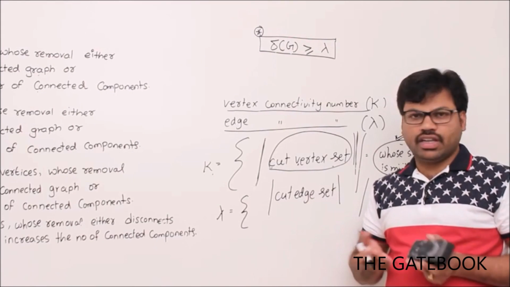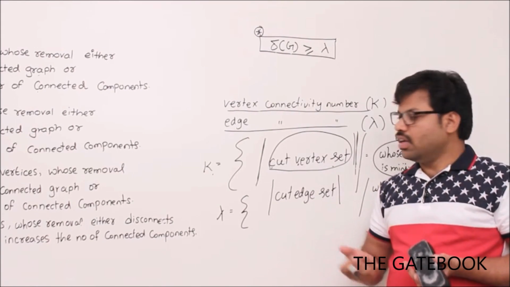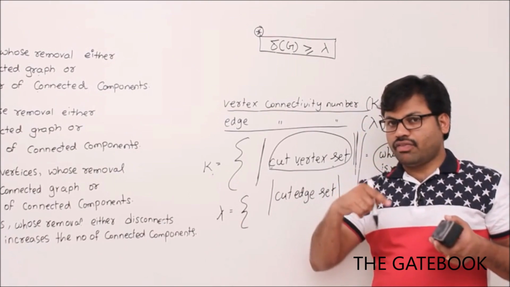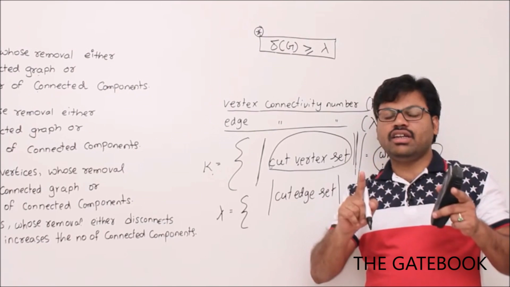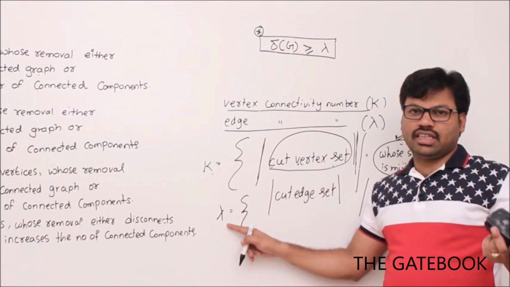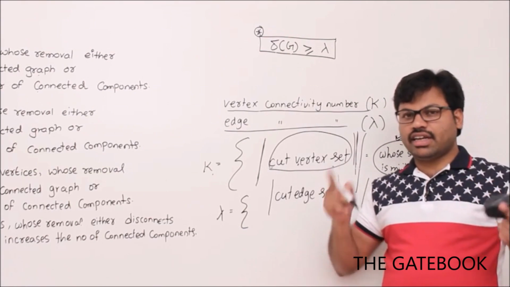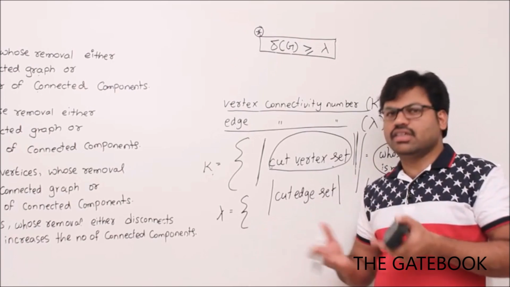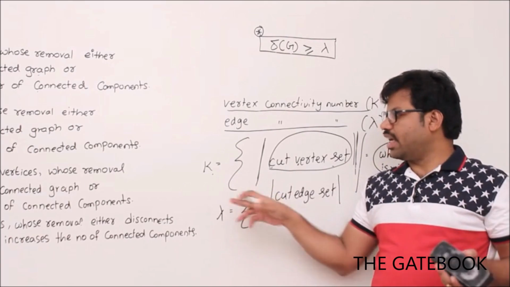Otherwise, if the graph is already disconnected, then K is the minimum number of vertices to be deleted to increase the connected components, and similarly lambda is the minimum number of edges required to increase the number of connected components in the graph. That's it. This is about K comma lambda.